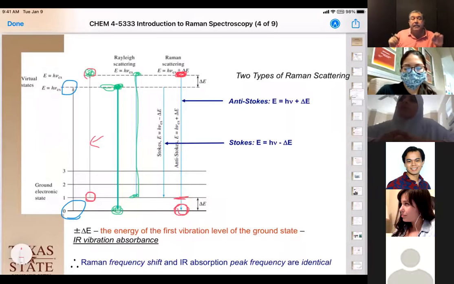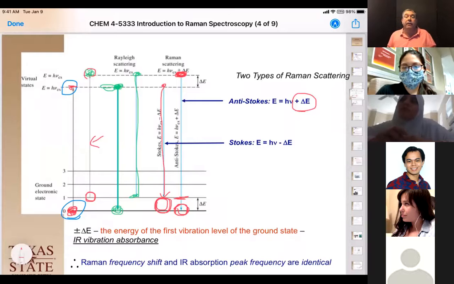We call this the anti-Stokes mode because we actually gained energy in that emitted light. So it shifted to a higher frequency. Now, in the case of our zero ground state going up to our first excited state, if that energy is emitted and goes not back to that zero state, but goes to that one state, that means the emission has less energy by whatever the difference in energy between the zero state and the one state was, and therefore the emission is lower in frequency than the excitation would have been.